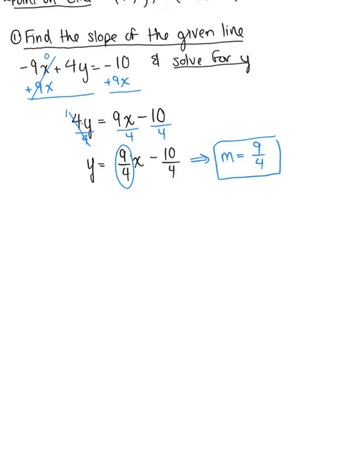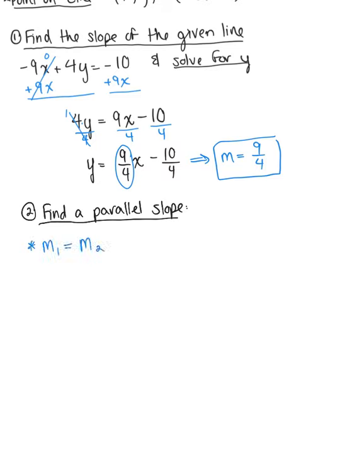So step 2 here is to find a parallel slope. And we want to keep in mind that 2 lines are said to be parallel if their slopes are equivalent.